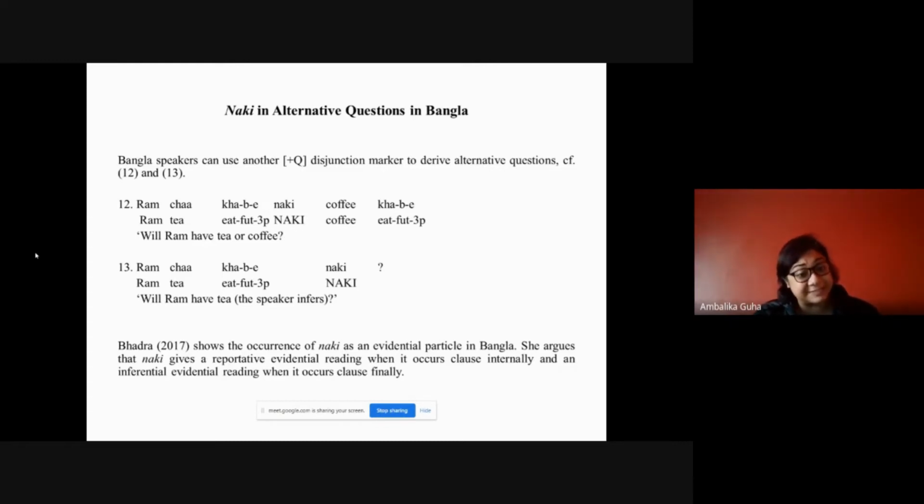Will Ram have tea? But very interestingly here, naki has an evidential reading, an inferential evidential reading. This has already been argued by Diti Bhadra in her 2017 dissertation. But what we can notice in this presentation is that this evidential naki can also occur as a plus Q disjunction morpheme.